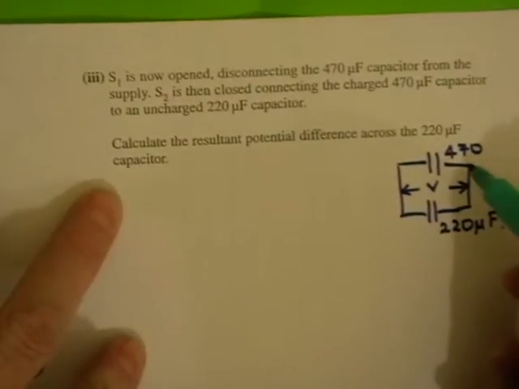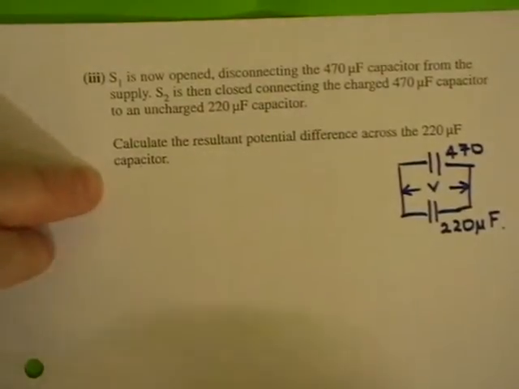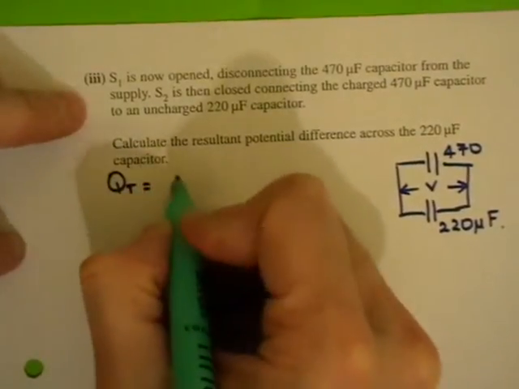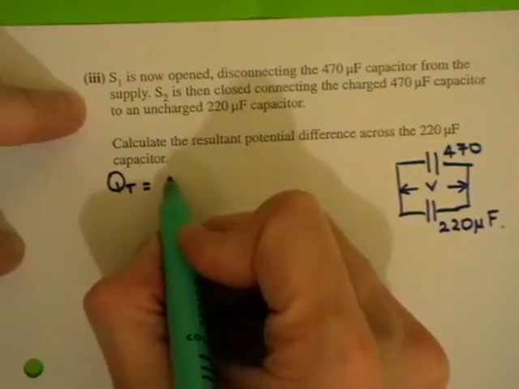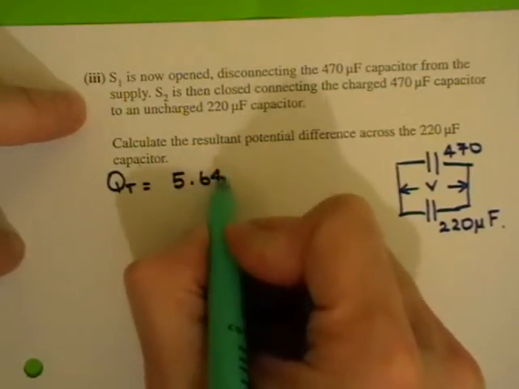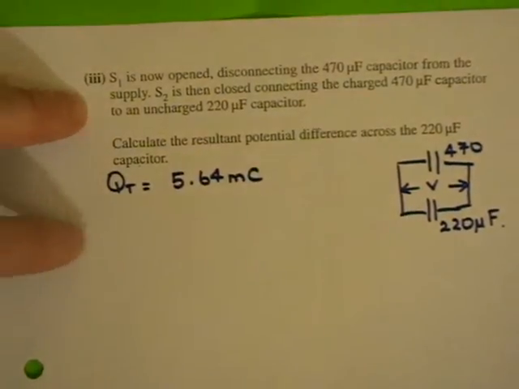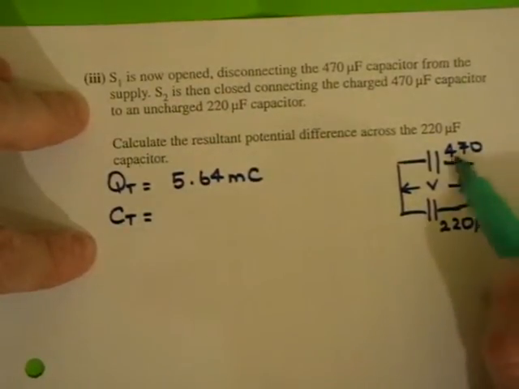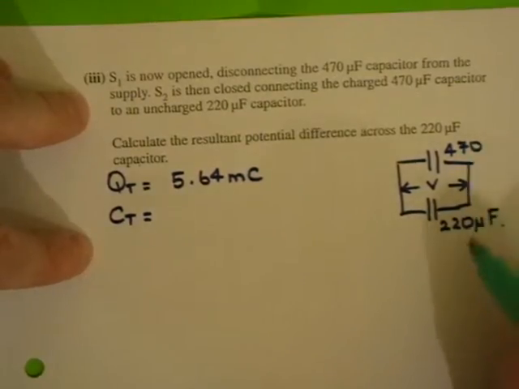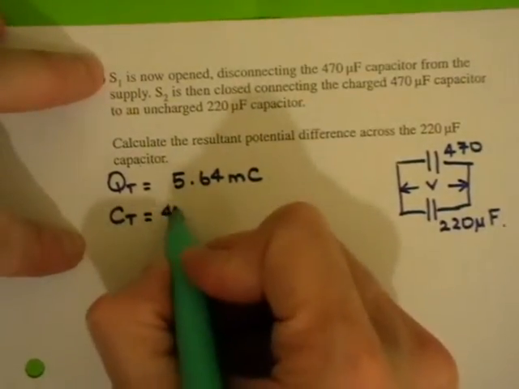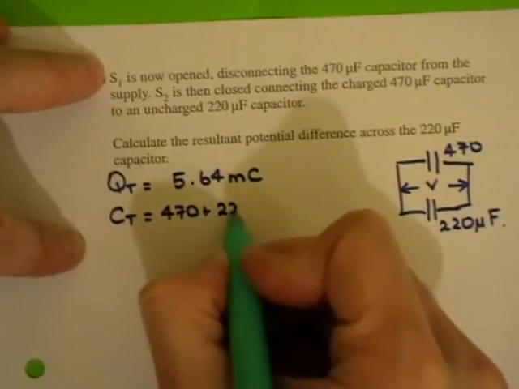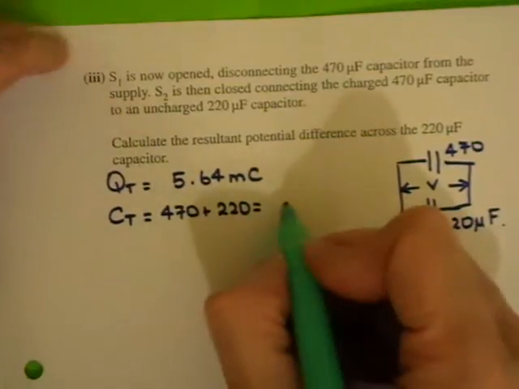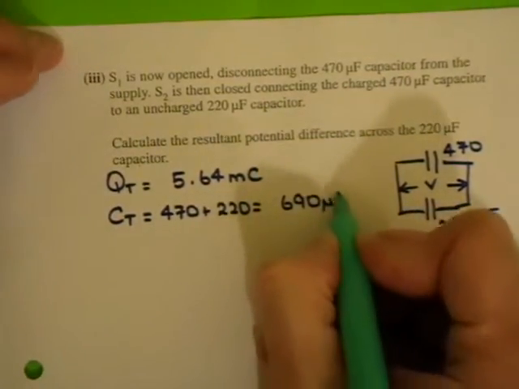What you'll have is a total charge, which is the initial charge from over the page: the total charge initially was the charge in the 470 microfarad capacitor, which was 5.64 millicoulombs. We now know the total capacitance. These two capacitors are definitely in parallel with each other, so you just add them. So it's 470 plus 220, which gives you an answer of 690 microfarads.